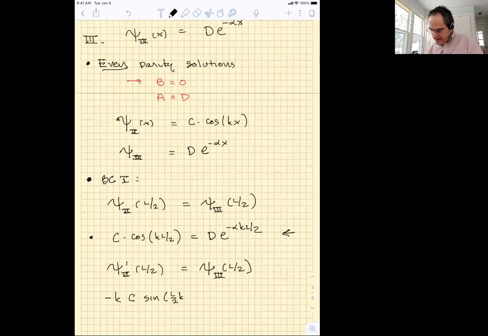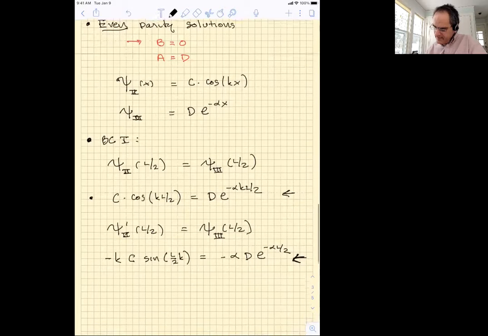And this has to equal the first derivative of psi 3 evaluated at that point, which is minus alpha times d times e to the minus alpha L over 2. So this is the second equation.